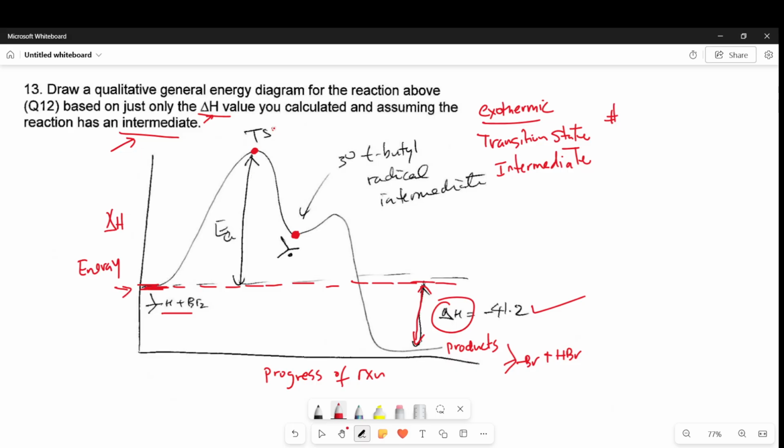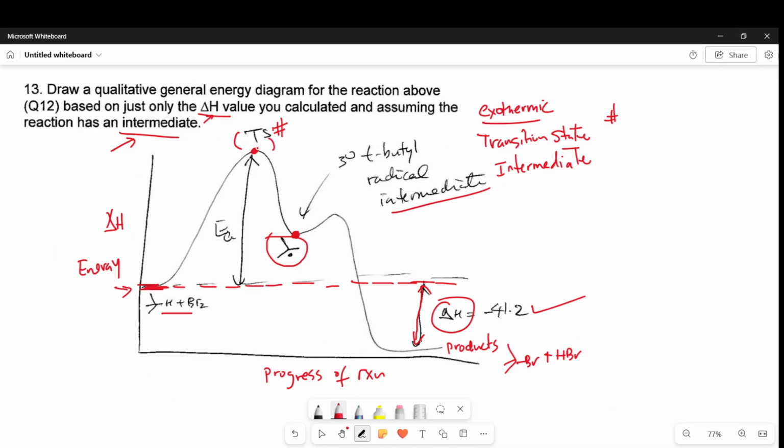This is a transition state complex. This is where the transition complex is at highest energy. That is the amount of the activation energy you need to put in for the reaction to reach this transition complex. But the reaction, since it has an intermediate, goes to a relatively stable intermediate. For example, in this case, it is a tertiary butyl radical intermediate.